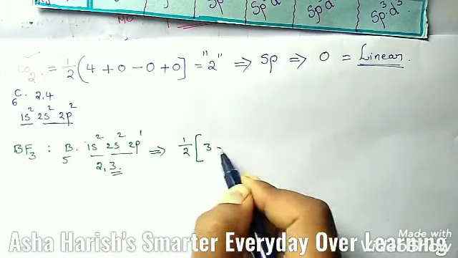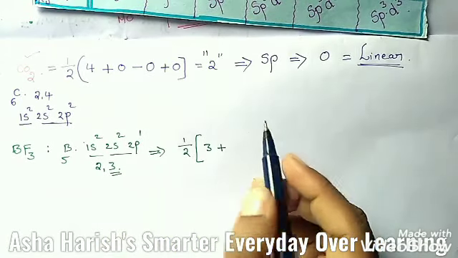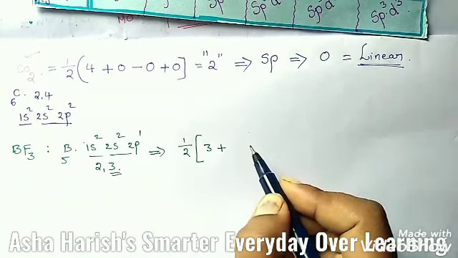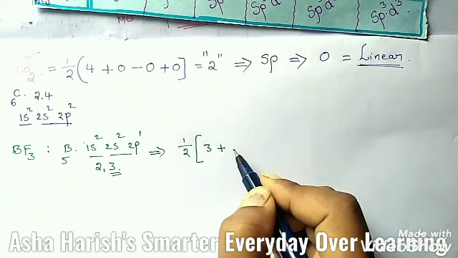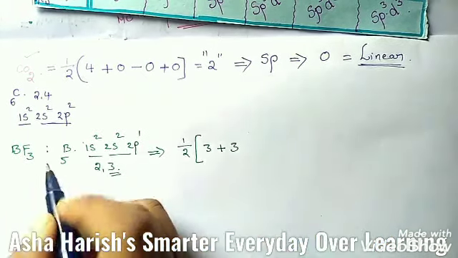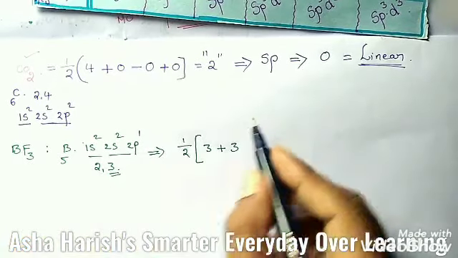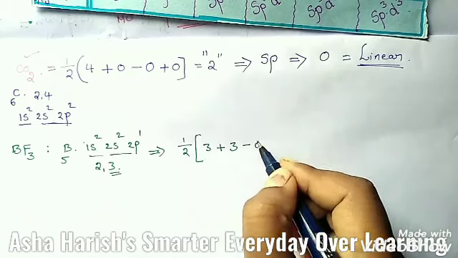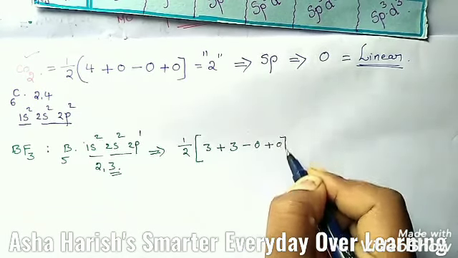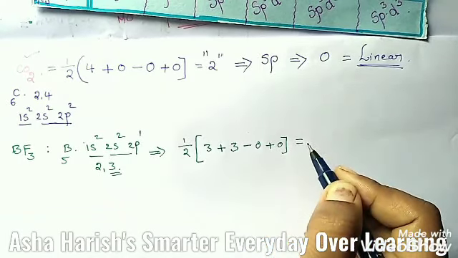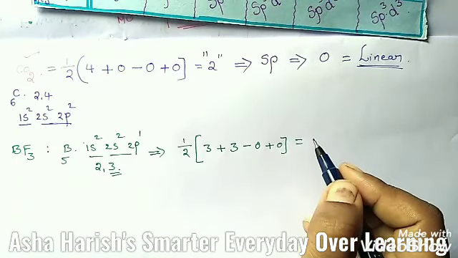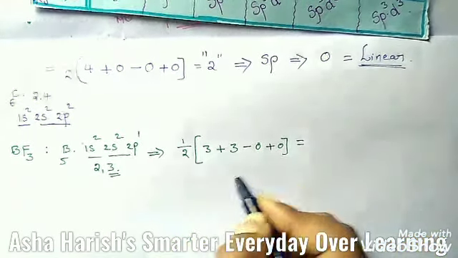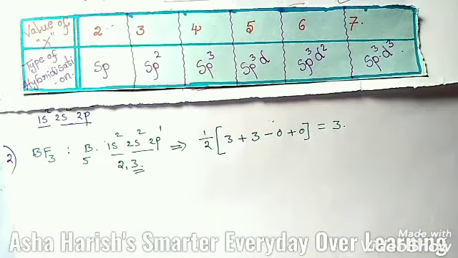Okay, 3 plus MA. MA means monovalent atoms. Those are fluorine, here 3. There is no ion formation, so in the C place you can take 0 and in the A place also you can take 0. And students, the number should be half into 6, half the number 3.